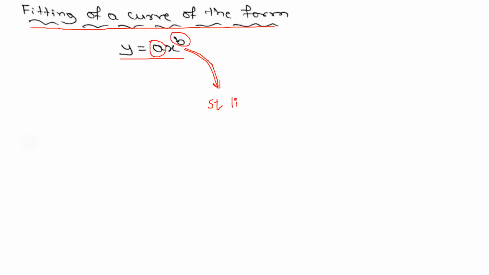For that straight line equation we will be having two normal equations. From that we need to find the values of a and b and substitute in this equation. Now let us do that. Now first step is bringing this equation to the linear form, let us do that.